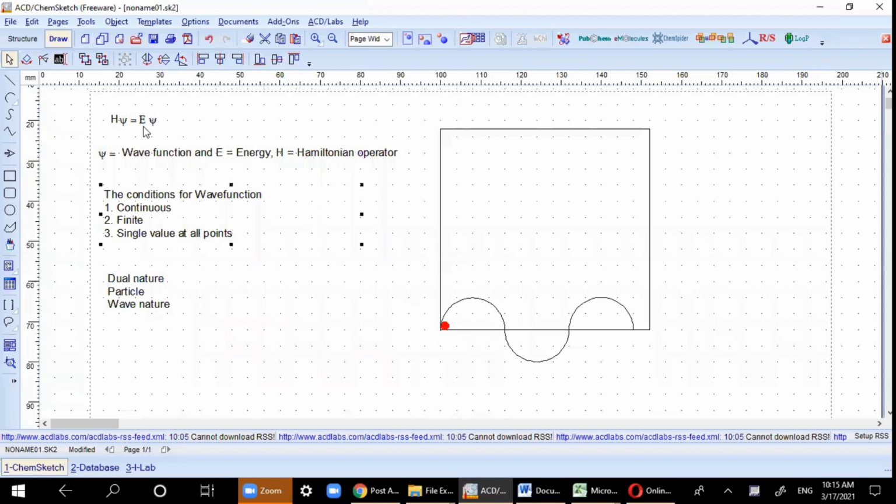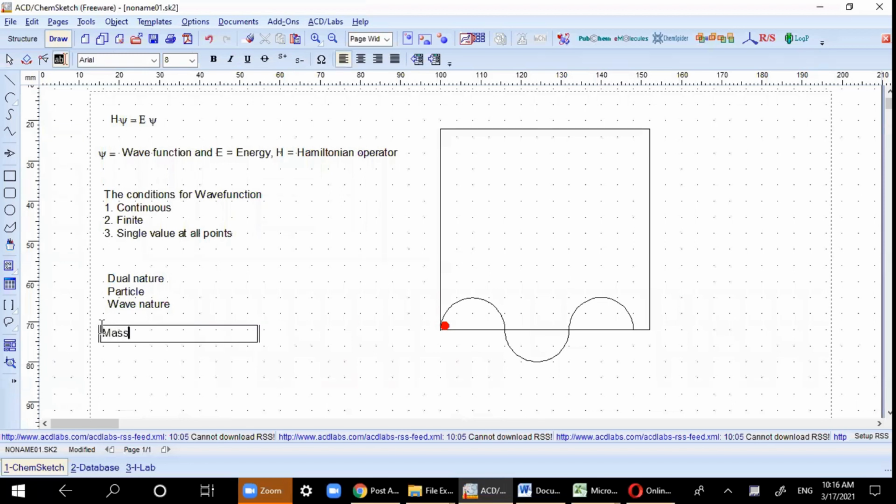This is the main requirement for the Schrodinger wave equation solution. Let us assume the mass of the electron is m, small m.